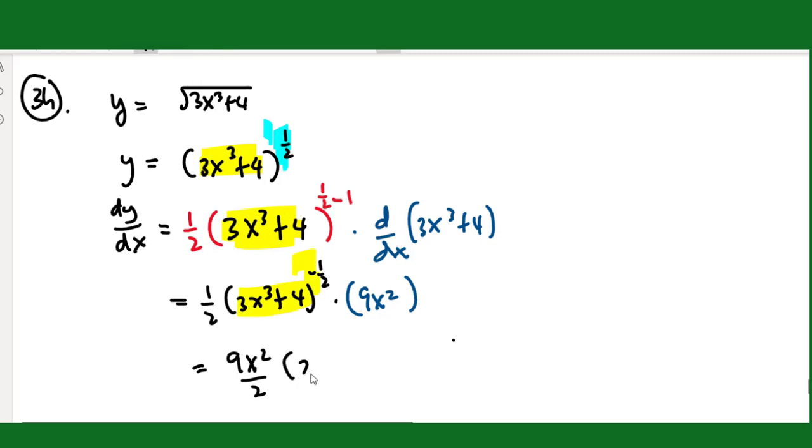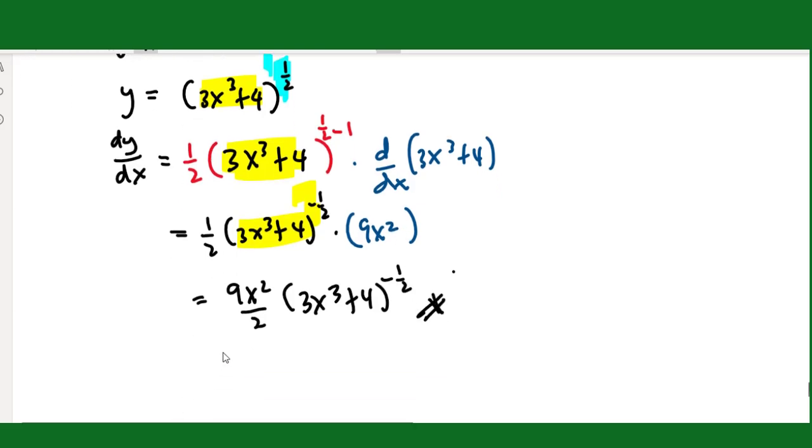You may write it like this, with negative half, and done. Or write it like this: 9x squared over 2 times the cube root of 3x cubed plus 4. Okay, done. Actually you can skip this step.